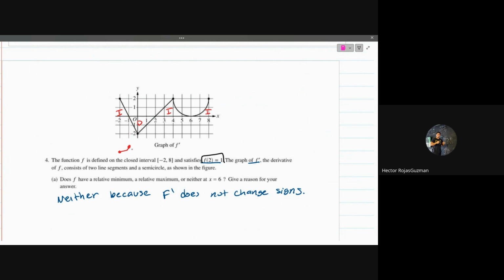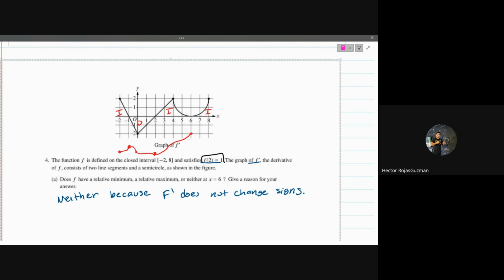I'm just going to do a random sketch. You would decrease until you get to 2. And right here, you're going to start to increase. So increase until you get to 6.